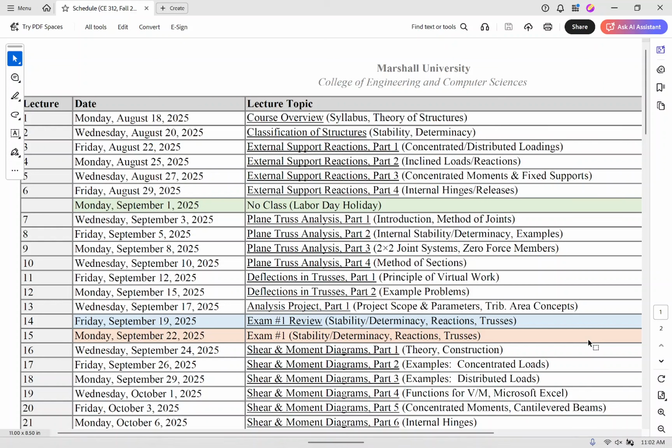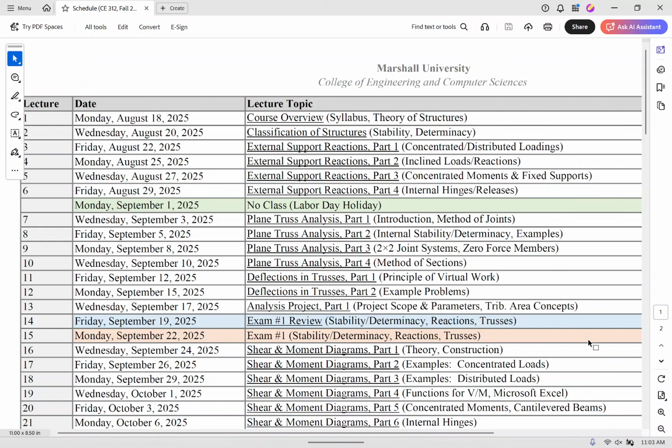Most scientific or graphing calculators can do that automatically, so it's nice to have one. The lecture on Monday is also going to be a nice little refresher on matrix algebra, which is going to be important later in the semester when we start doing computer analysis of structures, because that's how computers analyze structures, through matrix methods. We'll also look at zero force members on Monday.